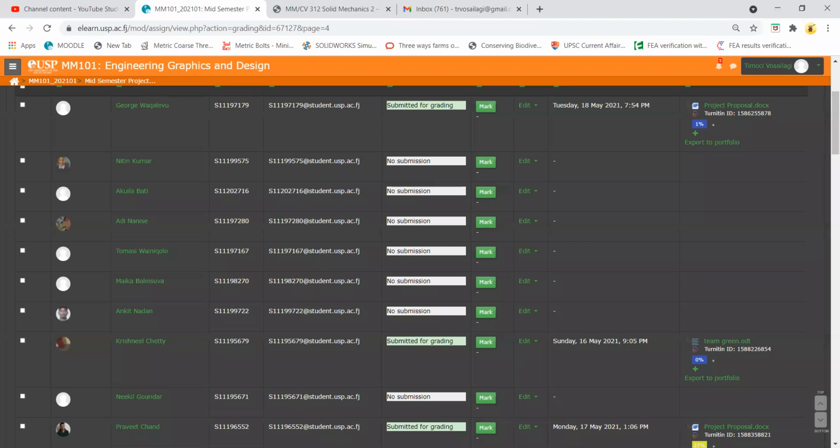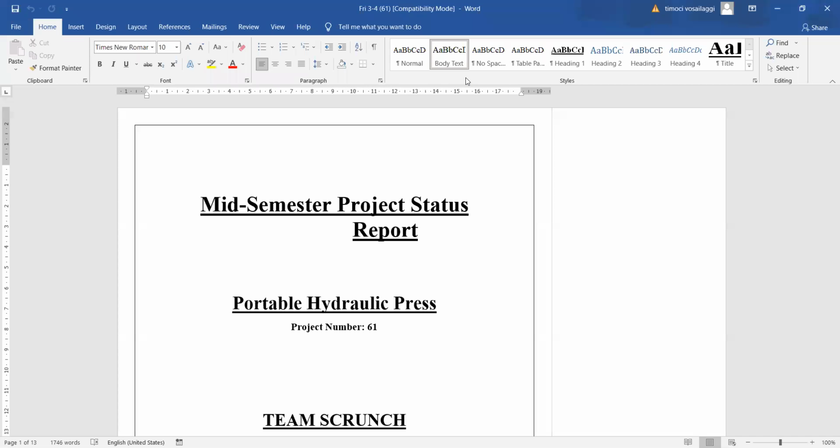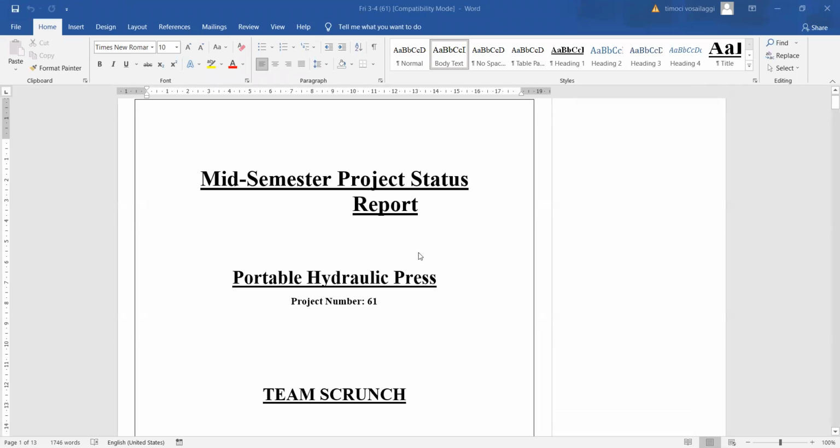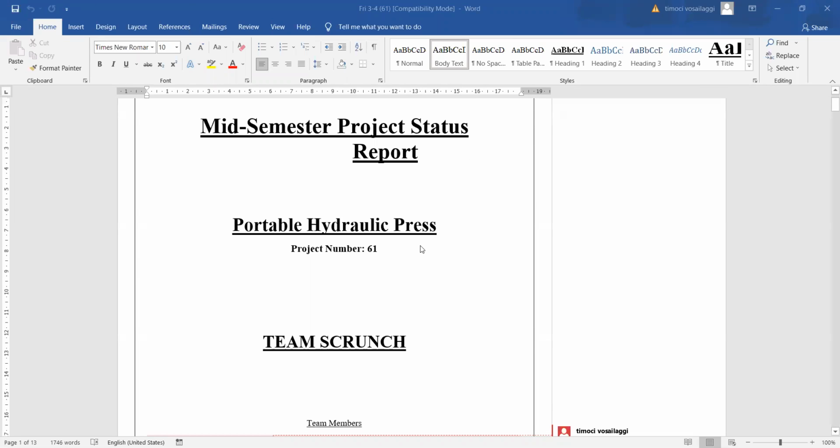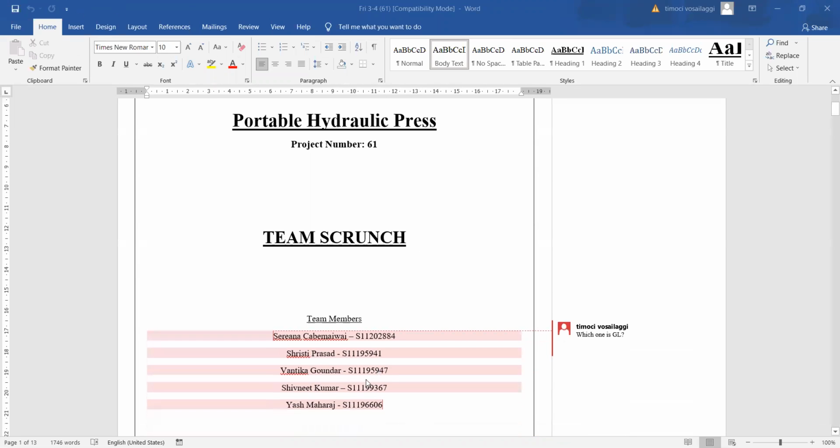Now we'll take a look at our example for today. So we are looking at the portable hydraulic press. Members, Sariana, Sristi, Vantika, Shivnit, and Yash.